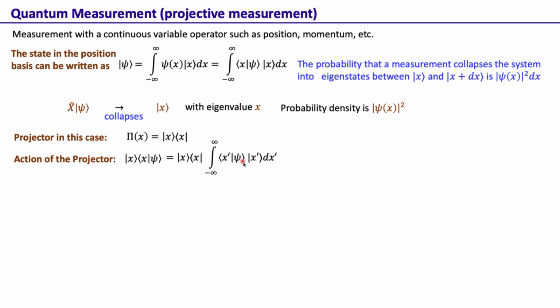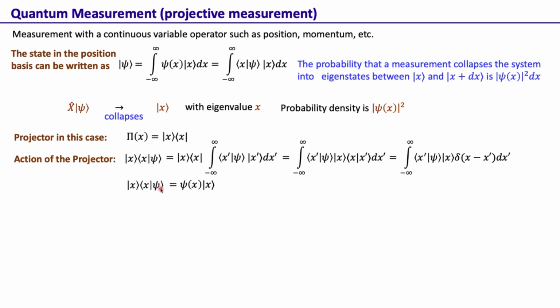We write ψ in this manner, then we bring the |x⟩⟨x| inside, and this gives us a delta function, δ(x − x′). So this projector acting on ψ essentially gives us |x⟩, normalized with respect to ψ(x). So |x⟩⟨x| acting on ψ gives us this eigenstate |x⟩. That's what this projector actually means.